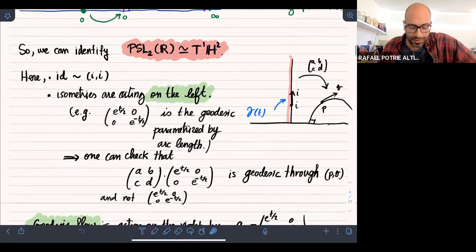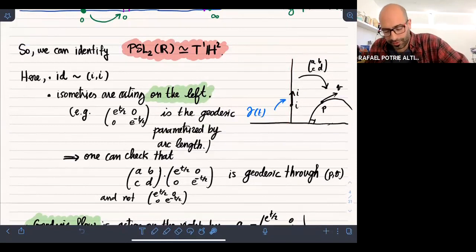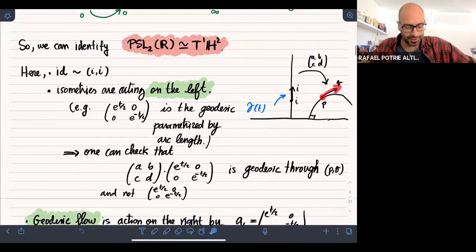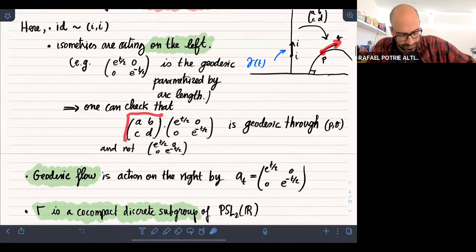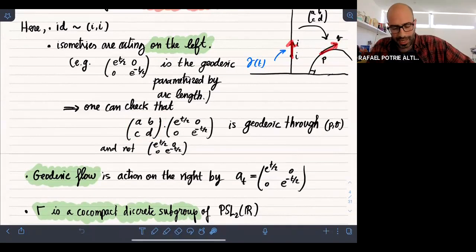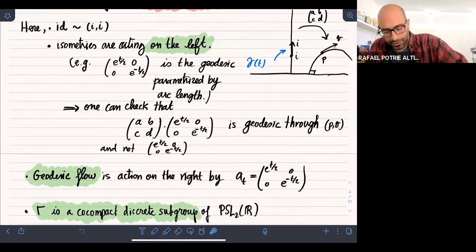So if you want to look at the geodesic through this point, what you need to do is fix the Möbius transformation that maps this point to here, and then this is acting on the left. So you need to put the parameterization of the geodesic on the right.